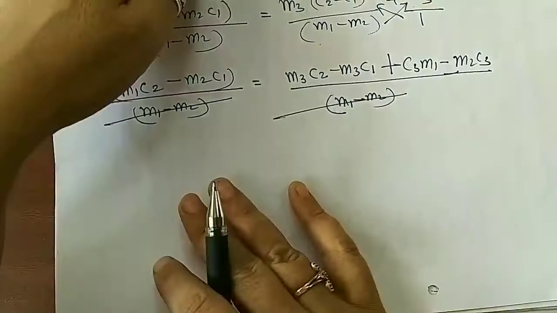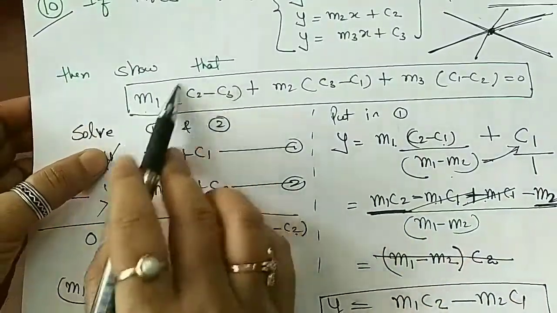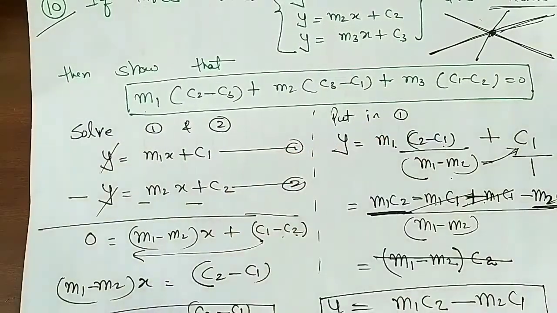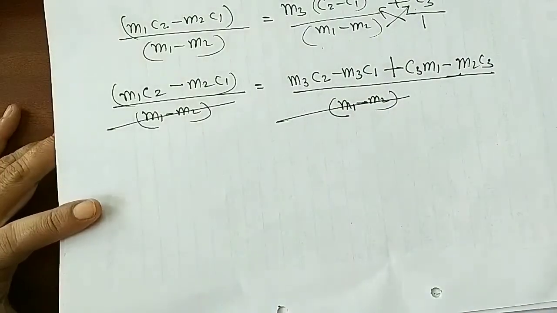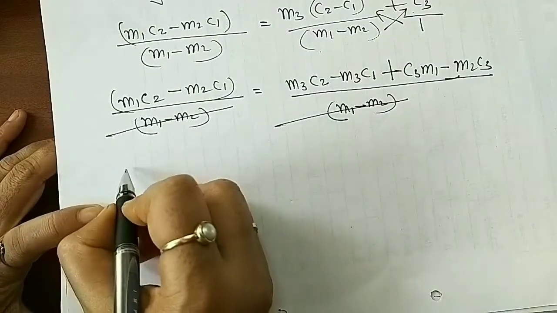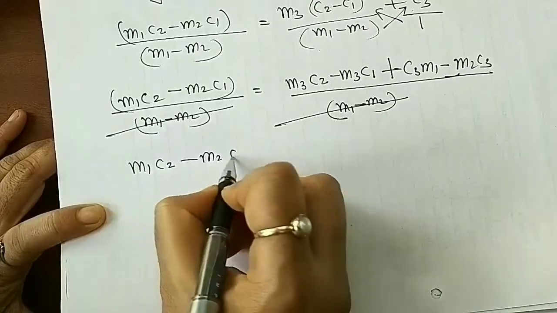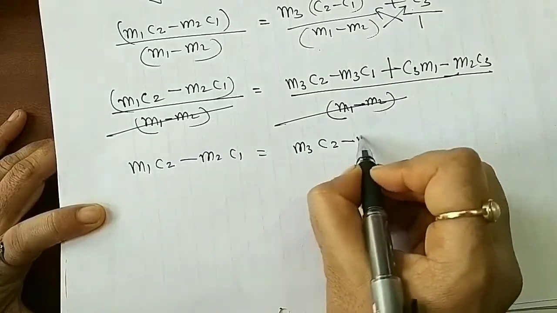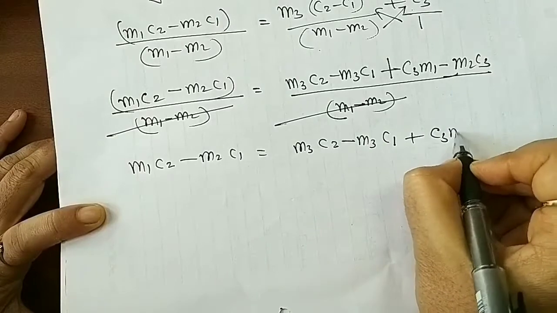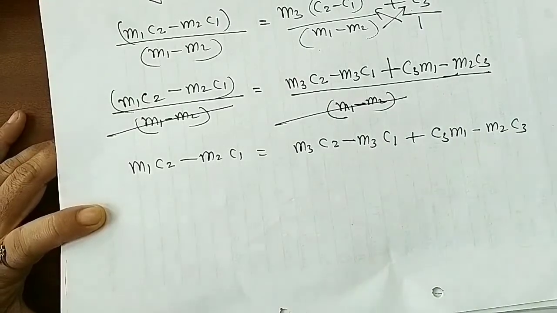Now both sides, these two are the same thing, which I can cancel. Now let me observe what I was supposed to prove. I was supposed to prove m1 into something, m2 into something, m3 into something. That means I have to collect m1, m2 and m3 terms all together. This is my m1 c2 minus m2 c1. This is m3 c2 minus m3 c1. This is c3 m1 minus m2 c3.